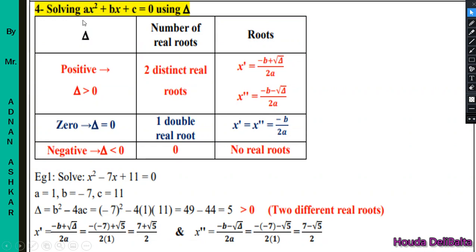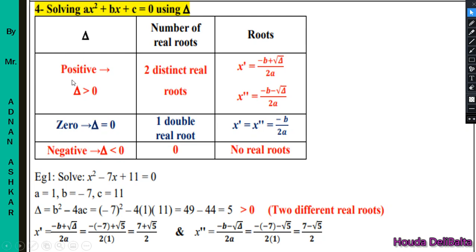Solving ax squared plus bx plus c equals 0 using delta and knowing the number of roots. If delta is positive, then there are two distinct real roots. So that's why we care about the sign of delta, because the number of roots is related to the sign of delta.